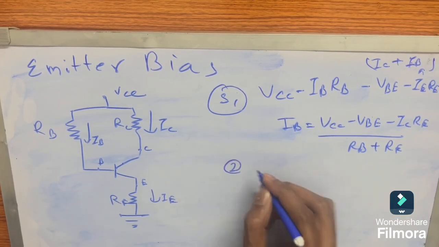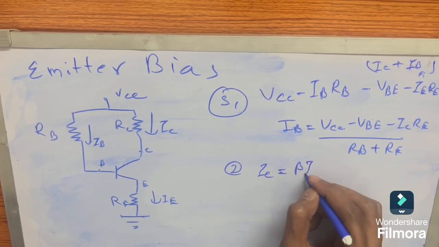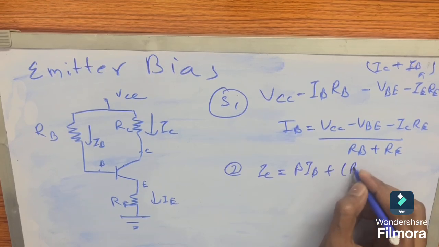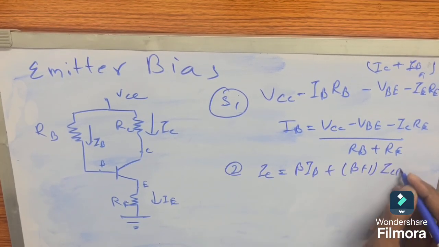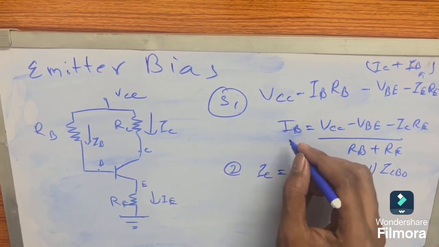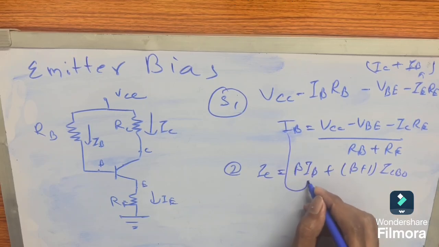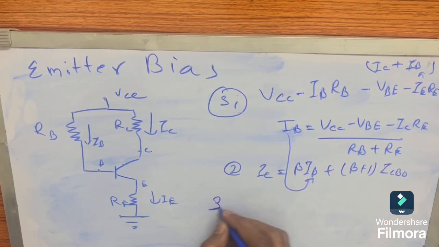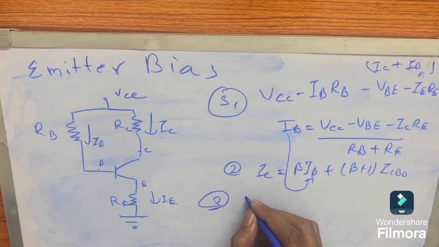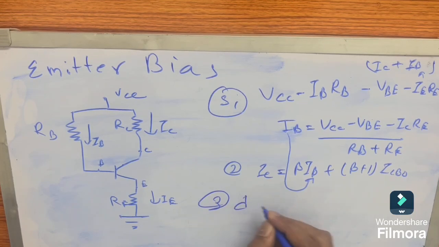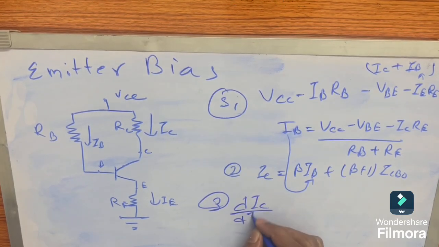So step 2 is IC equal to beta IB plus (beta plus 1) ICBO. We can put the value of IB in this equation. And coming to step 3, the final step, stability factor equals dIC by dICBO.